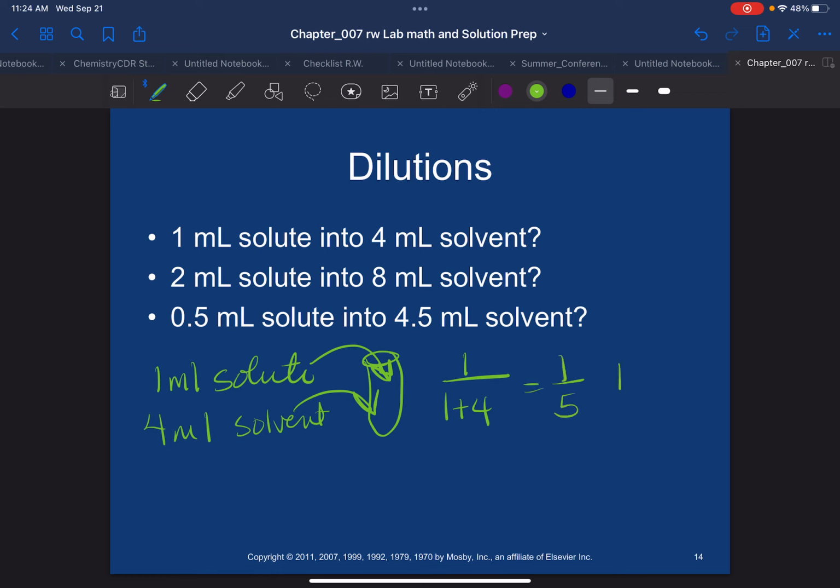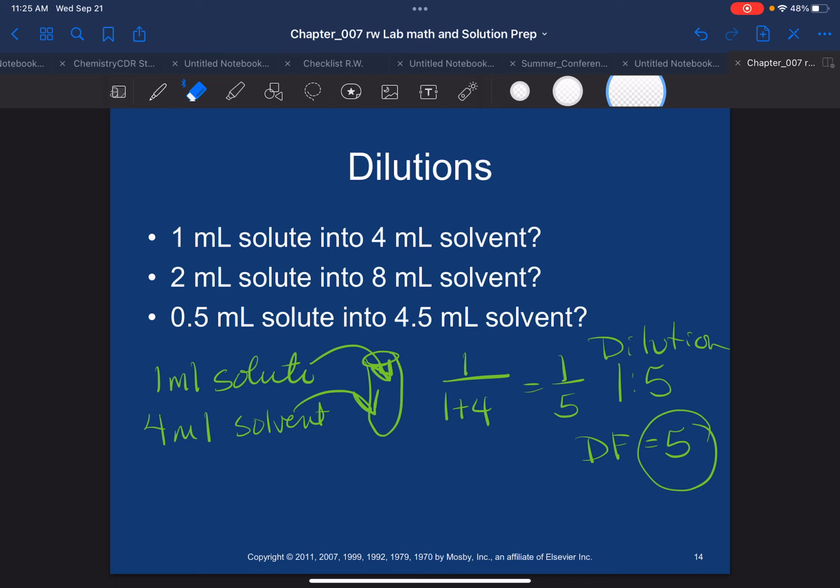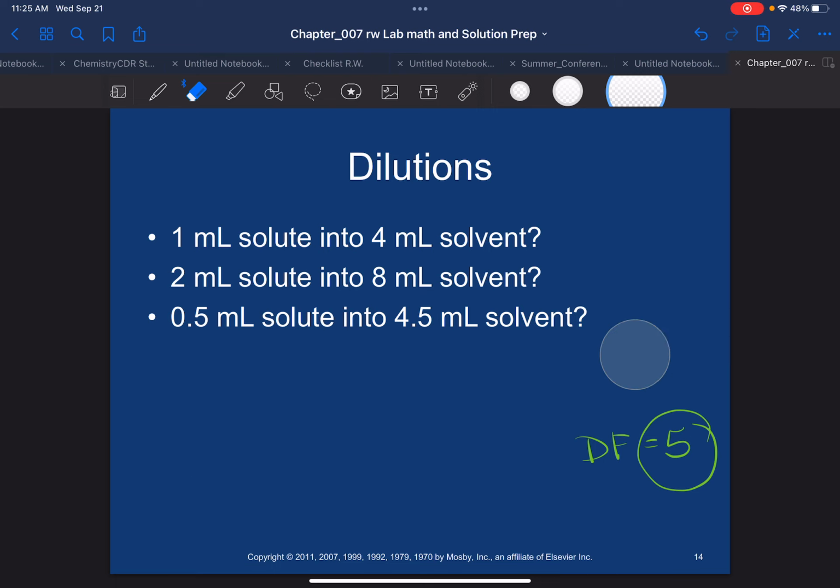So our dilution is 1 to 5, but our dilution factor is 5. That means if we took our glucose that was over 800 and made a 1 to 5 dilution, we would have to multiply the result by 5 to get the true glucose. We're going to come back to that, so don't be scared.